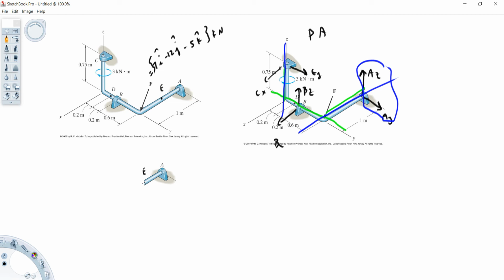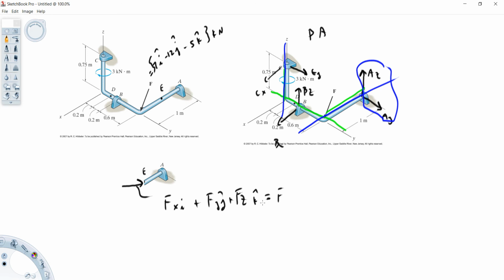The direction of the shear force is not 100% clear, so let's put a three-dimensional force vector there. That looks like this. That's a J for internal loading.